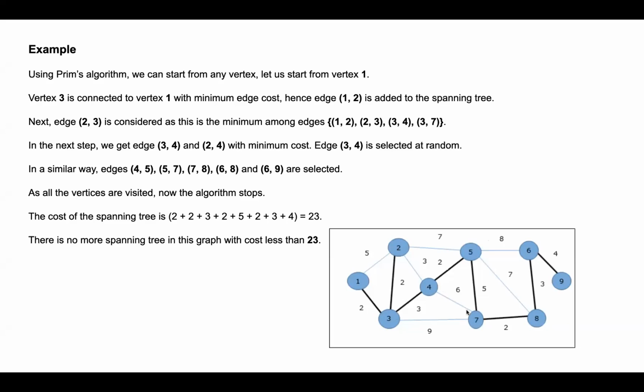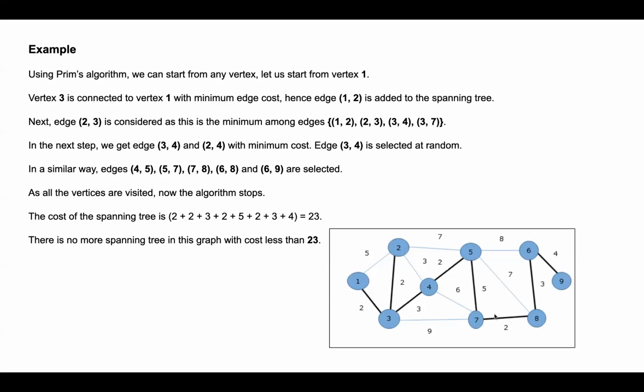From 4, 4 to 7 is remaining, and from 5 there are 5 to 6, 5 to 8, and 5 to 7. Their weights are 5, 7 and 8. 5 is the minimum, so from 5 we came here to 5 to 7.